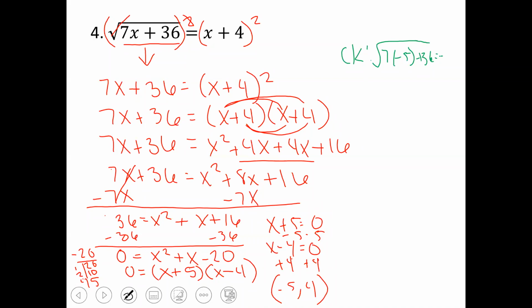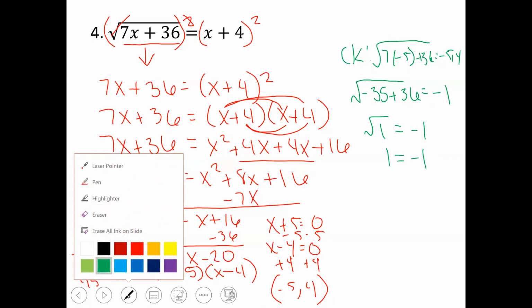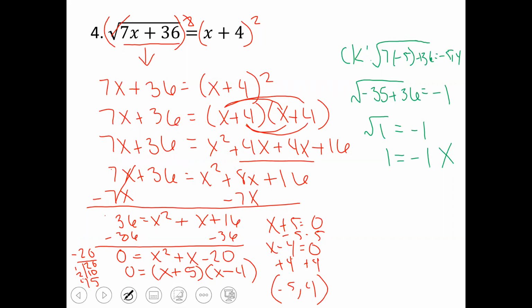And then do negative 5 plus 4. So negative 35 plus 36. Negative 5 plus 4 is negative 1. So the square root of 1 is 1. Bring down your negative 1. Does 1 equal negative 1? It does not.